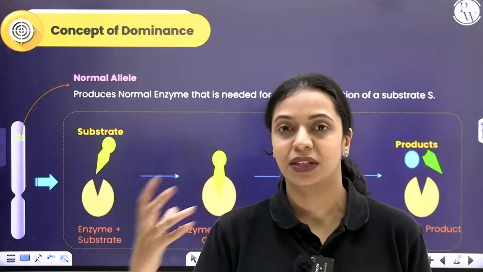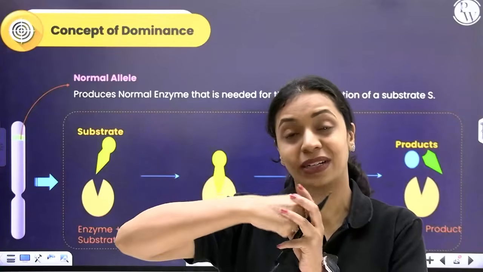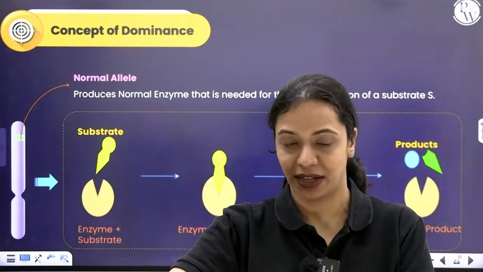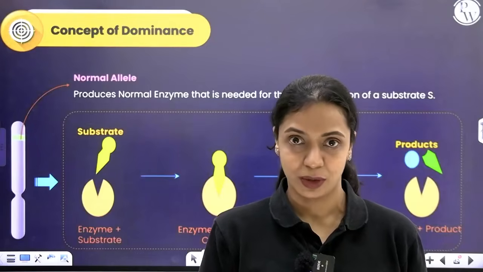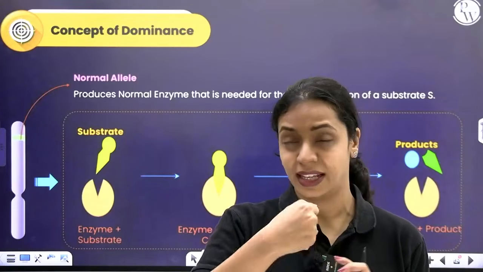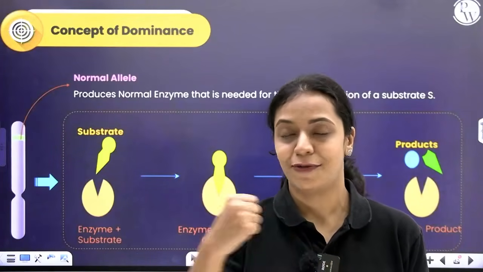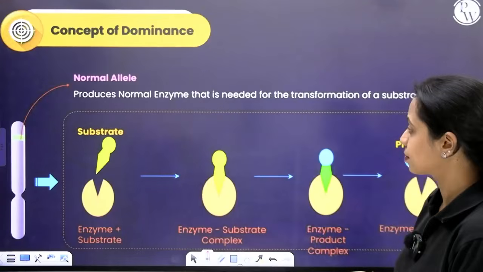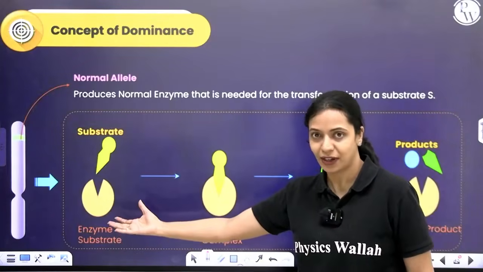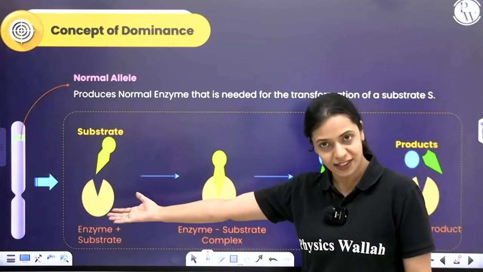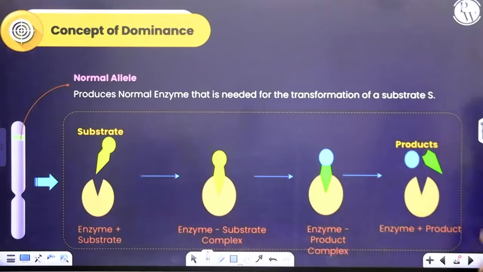For them to convert the substrate to product, the substrate has to tightly bind to the enzyme at its active site. And the structure of the protein plays a very important role, because if there is any change in shape in the active site, the substrate cannot effectively bind there, right? So in the normal allele, the enzyme is perfectly formed, the substrate beautifully fits in the active site, and gives rise to the products.